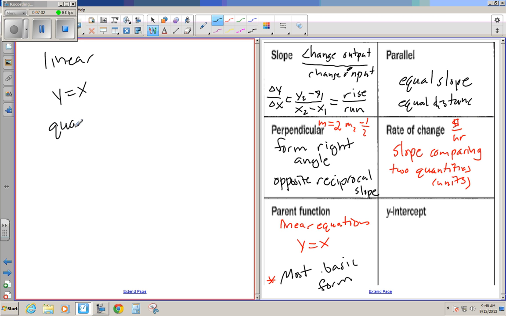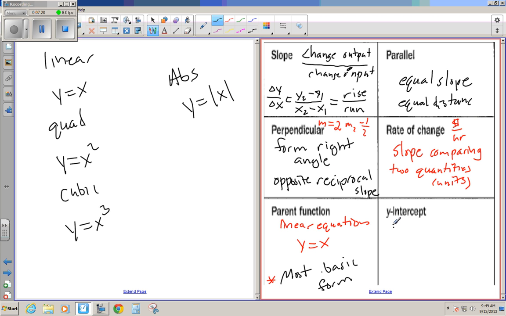For quadratic, y equals x squared. For a cubic, y equals x cubed. For an absolute value, y equals the absolute value of x. Basically, there are no coefficients. You're not dividing by a number. You're not adding or subtracting anything. It's the most basic there is.